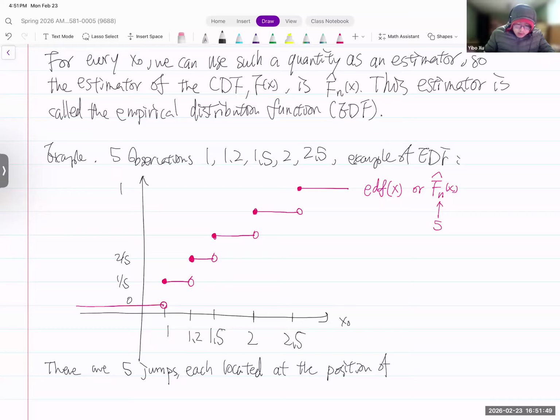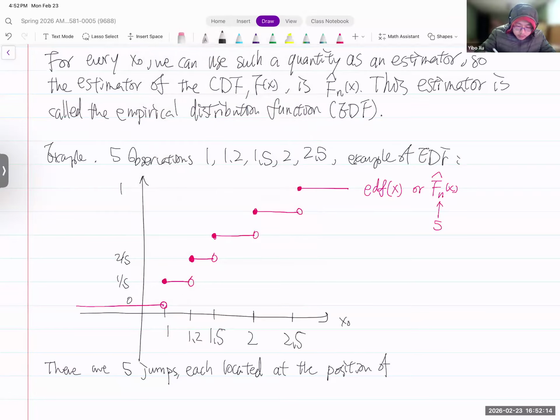Each observation gives you that jump. At every observation, your probability of less than or equal to that amount is going to jump from the left to the right. So that's really up to the distinct values among the observations. Here, every one of them is distinct, so we have a total of five.